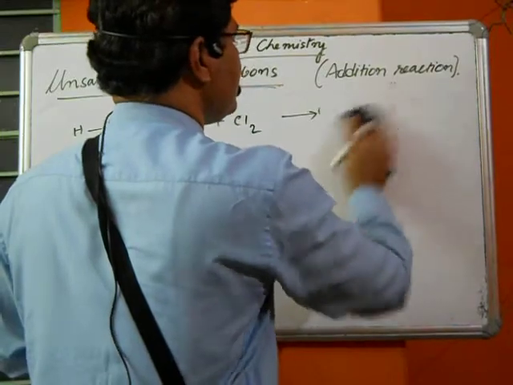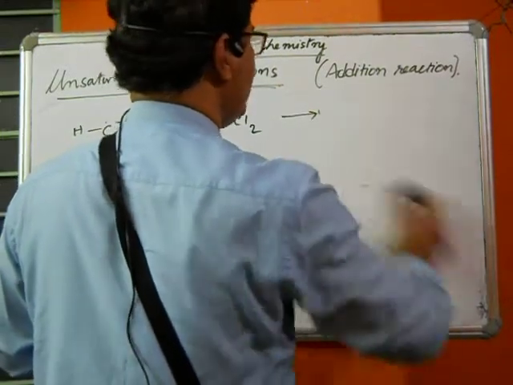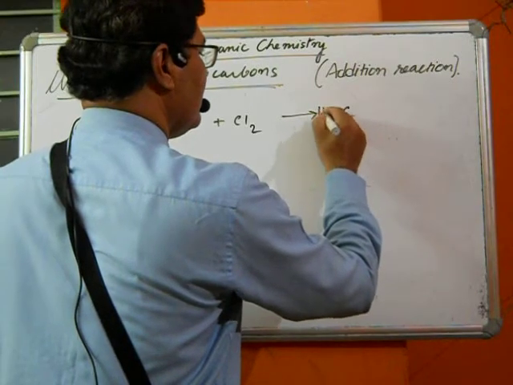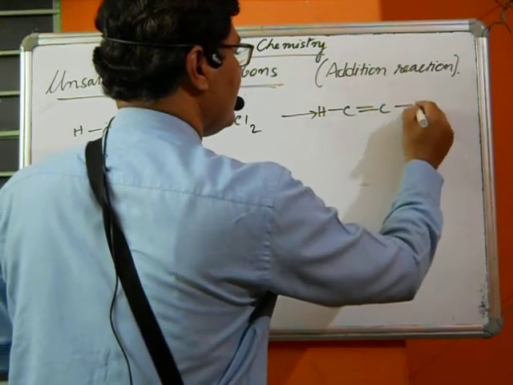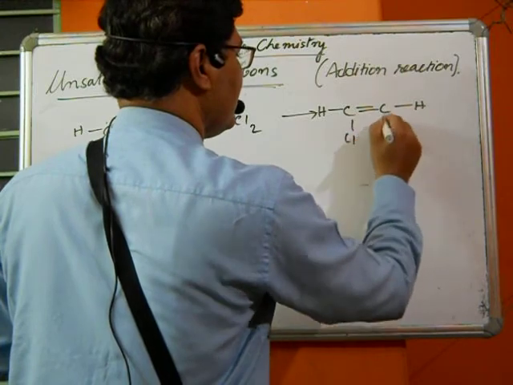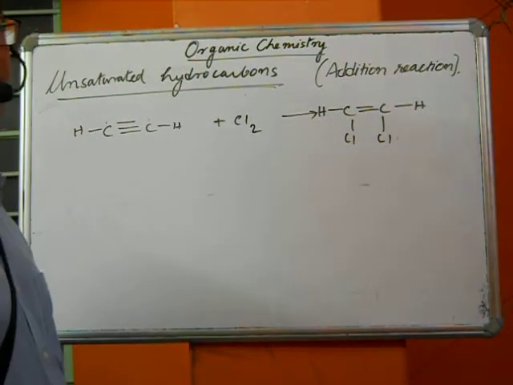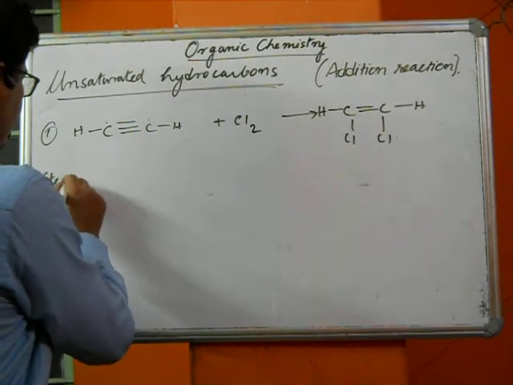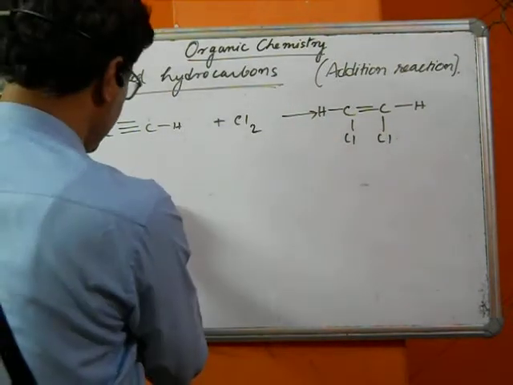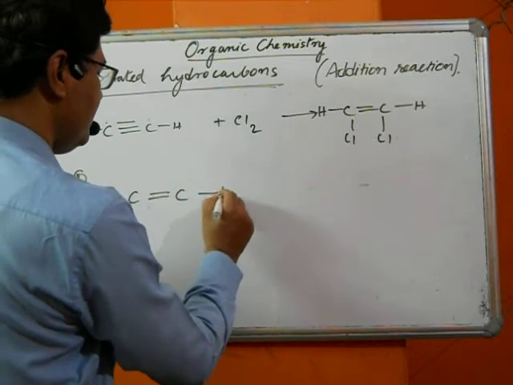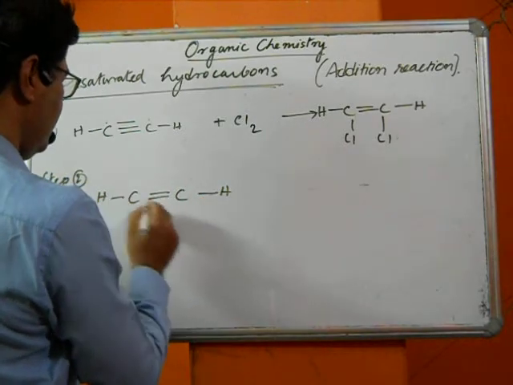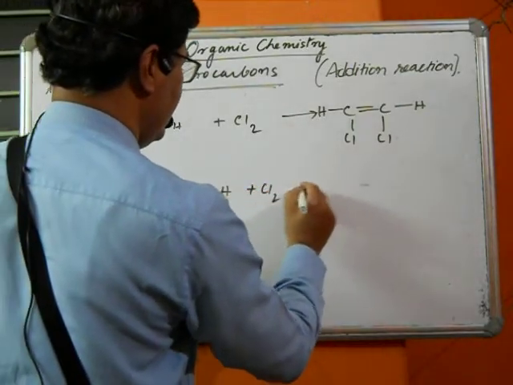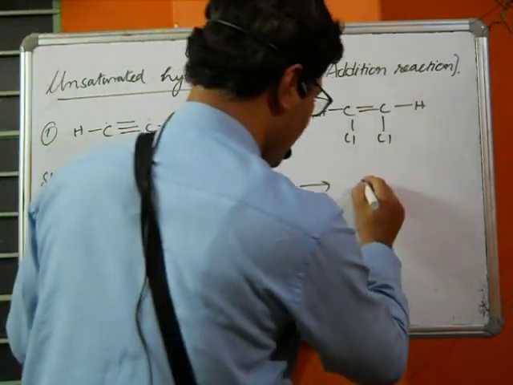Let's see what happens. First of all, this is what happens. First step. Step 2. This comes over here. Further reacts with chlorine to give what? Bond breaks.